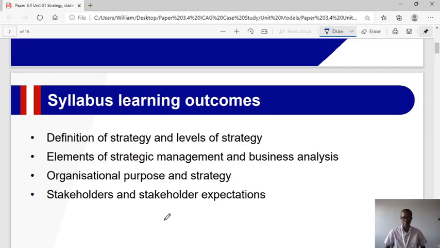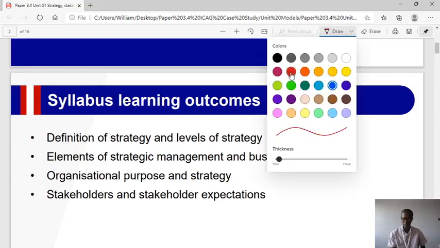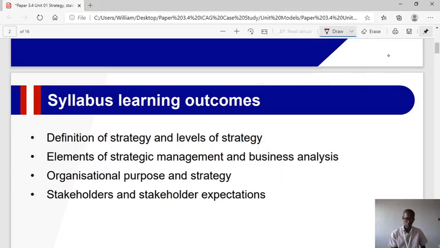We will be looking further into organizational purpose and strategy, and then we'll be finishing with stakeholders and stakeholders' expectation. So that is our syllabus learning outcomes.